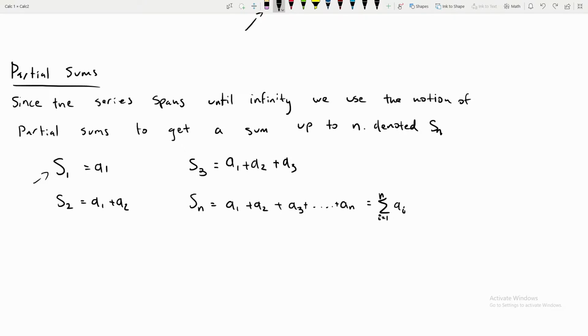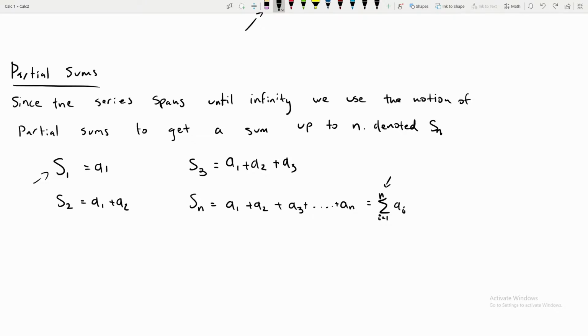Then we can write a general expression for the nth partial sum. We would take the summation of all the terms up until n, and rewrite this using sigma notation to compress it down. It spans from i equals 1 to n, and we sum up a_i, meaning whatever i we're on, we sum up all the terms up to n.